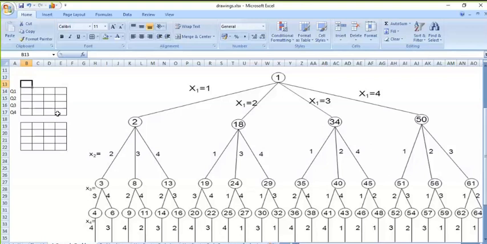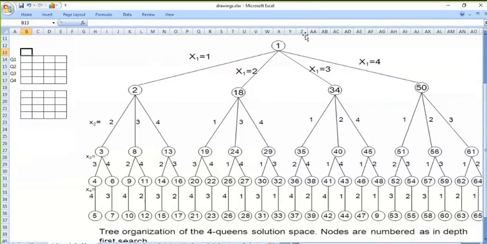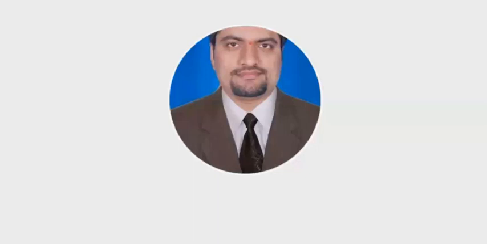Now in the state space tree, as you may see, we have different levels. So this root node is there, then the second set of nodes which are down from the root, numbered 2, 18, 34. Between these there are edges; this is what we call level 1. Over here we have taken these to be x1 values.